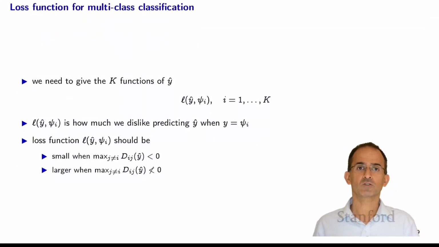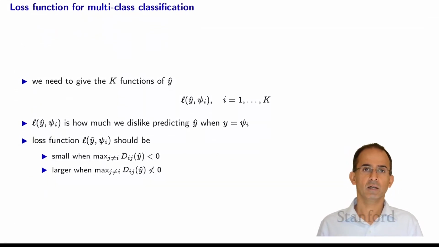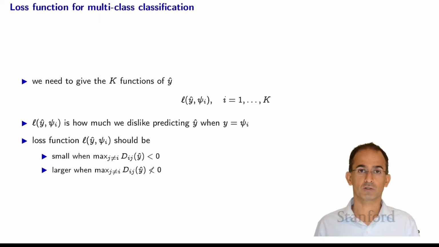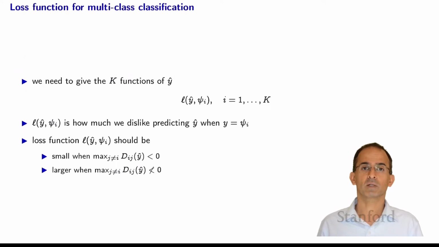So let's use these to construct loss functions explicitly. What have we got to do? Well, we've got to give k different loss functions, one corresponding to each of the possible values of y.